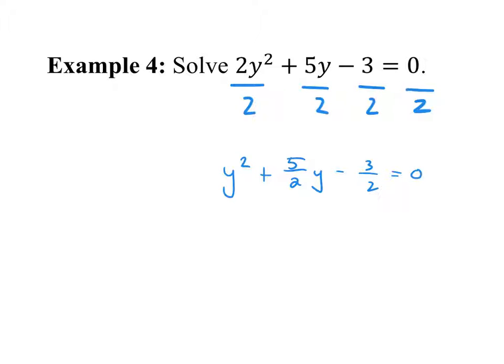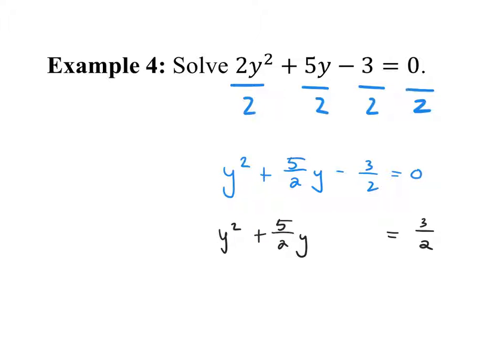Again, I'm leaving it as a fraction right now because I know in a minute I'm going to have to do some squaring. Now I'm going to move the c value over to the right-hand side. And again, I'm leaving it as a fraction.